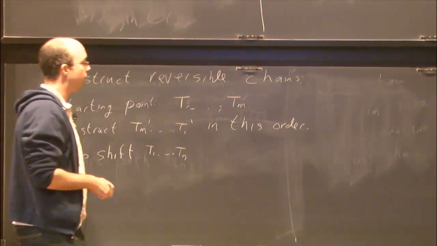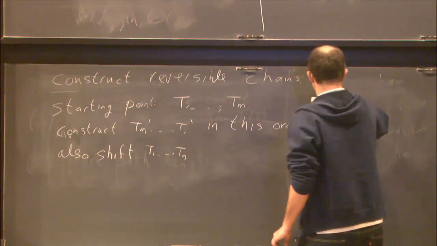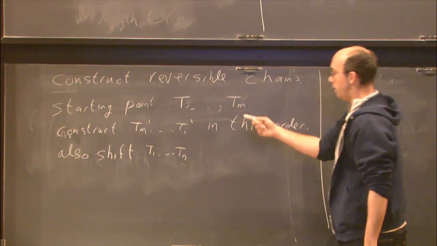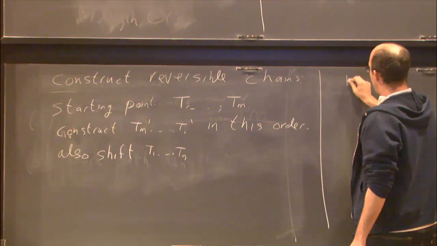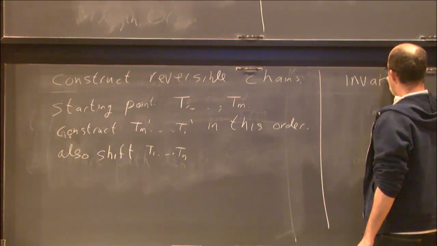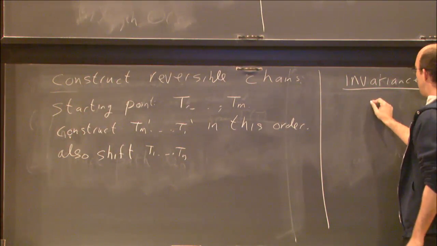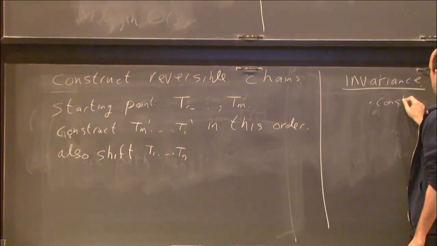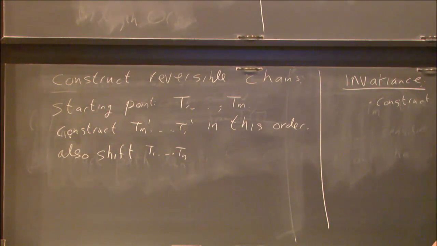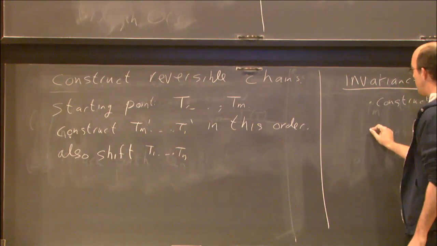It will shift along the way. So let's start with doing Tm prime. So at some point we're going to construct Tm prime up to Ti prime for some i between m and 1.